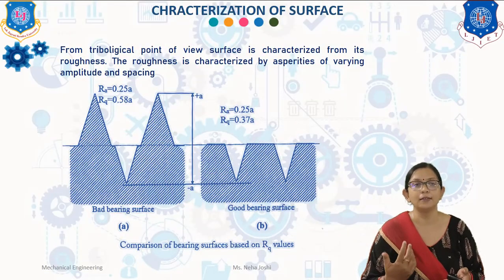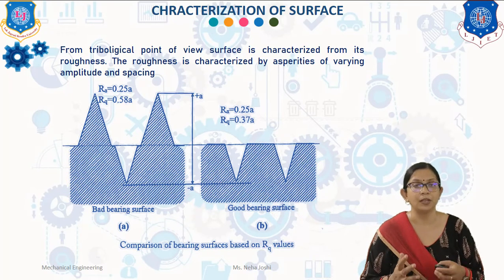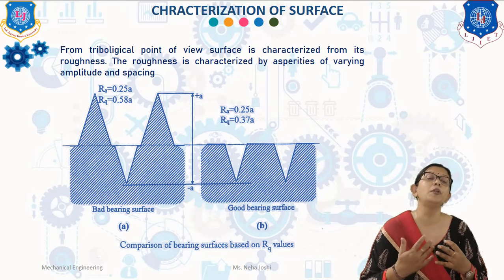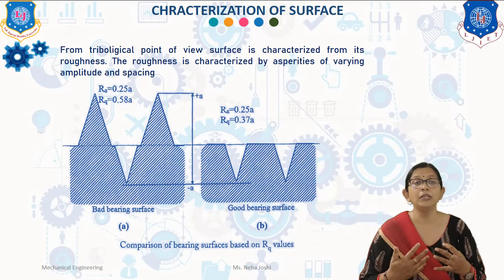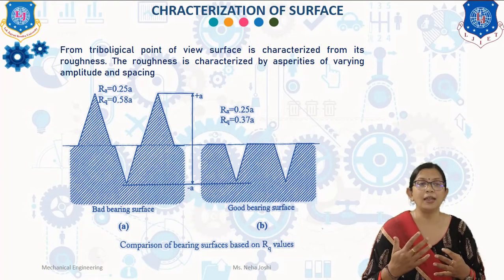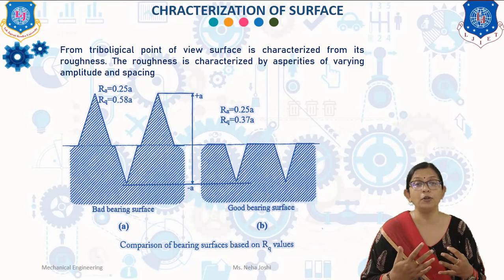Okay, different characteristics of the surface. From a tribological point of view, a surface is characterized by its roughness. The roughness is characterized by asperities of varying amplitude and spacing. Now, from the tribology point of view, the root mean square roughness Rq is preferred over average roughness.